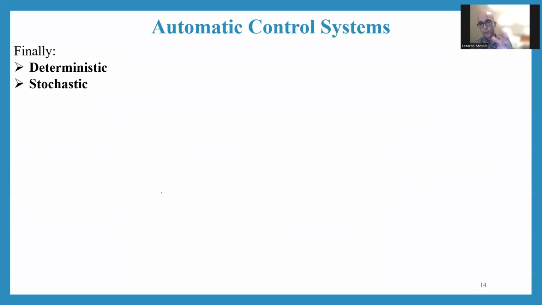In these situations, the system is called a stochastic system because it includes some stochastic term, like a stochastic parameter or maybe some stochastic input or disturbance. Of course, this is not something we're going to deal with. We're only dealing with deterministic systems here.